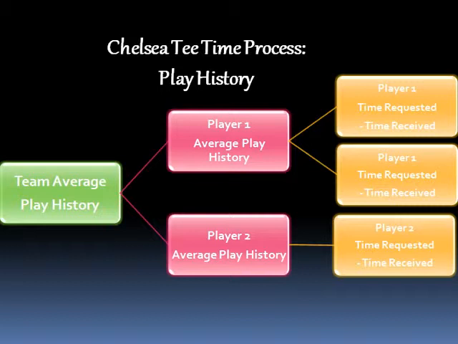So while perhaps you may not have received very good tee times maybe in the past week, well, maybe your buddy has. And so, you know, he or she may be dragging you down in terms of the overall team average history.